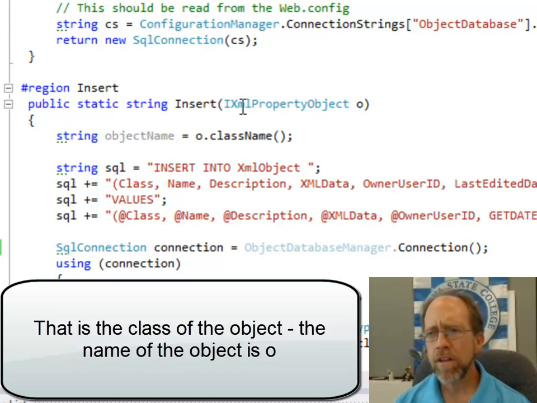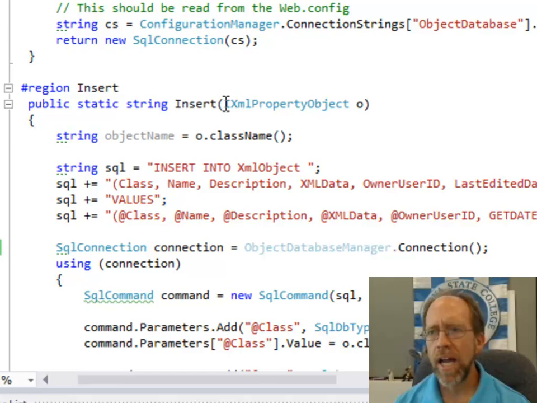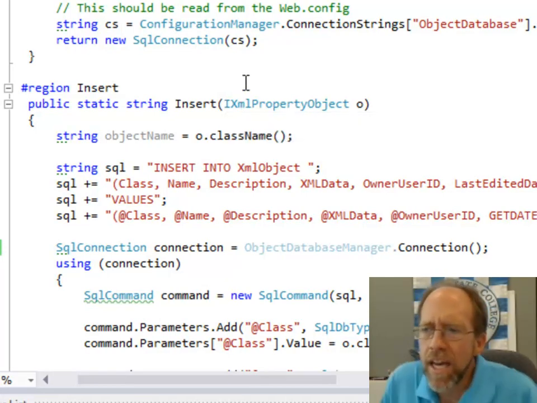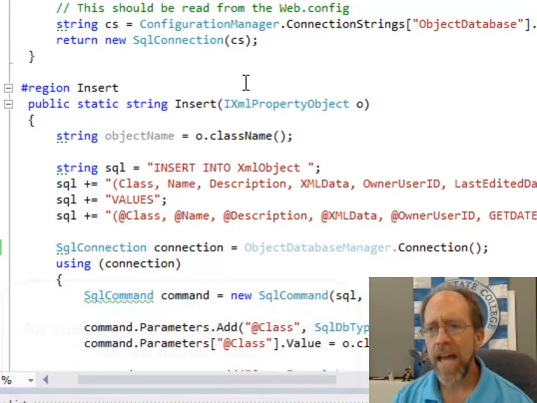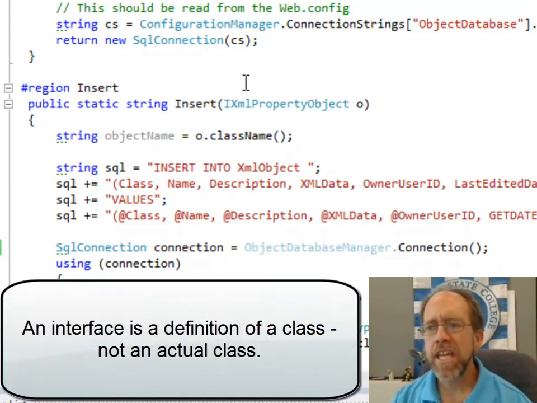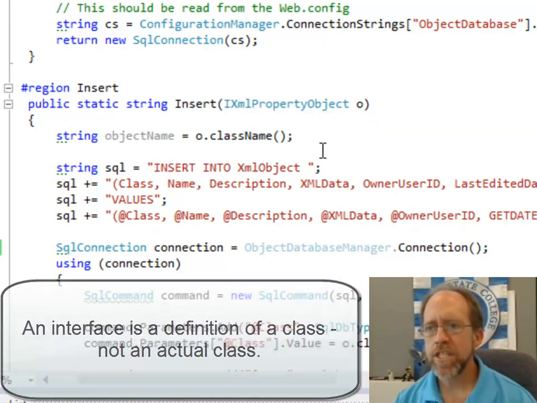Just by looking at this, I know that IXML property object is an interface. It's actually not a full-fledged class, but a definition of a class interface. What this means is that any class that implements this interface can be passed in to this insert method.